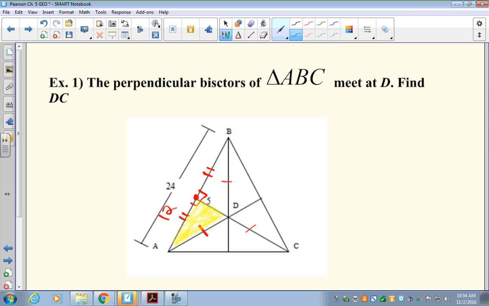So he's got a 90-degree angle. This side is 5. This side is 12. I'm looking for side AD. I don't know what that is. Which theorem are we going to use to find it?